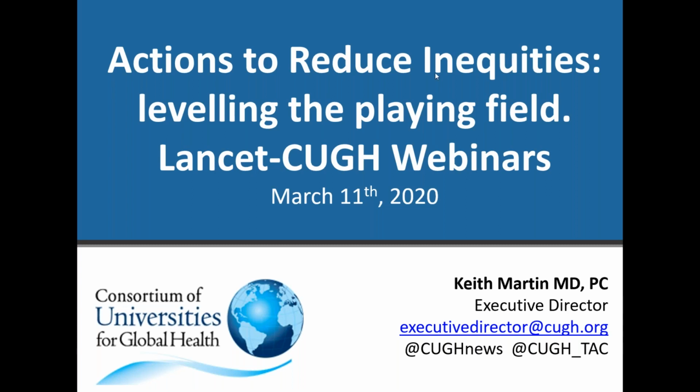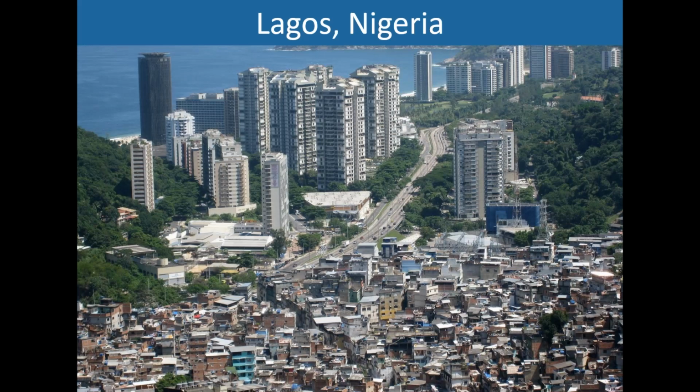As I go to my slides, I took this picture to show you visually what inequity looks like, because inequity creates structural problems, power imbalances that reinforce inequities and poor health outcomes.